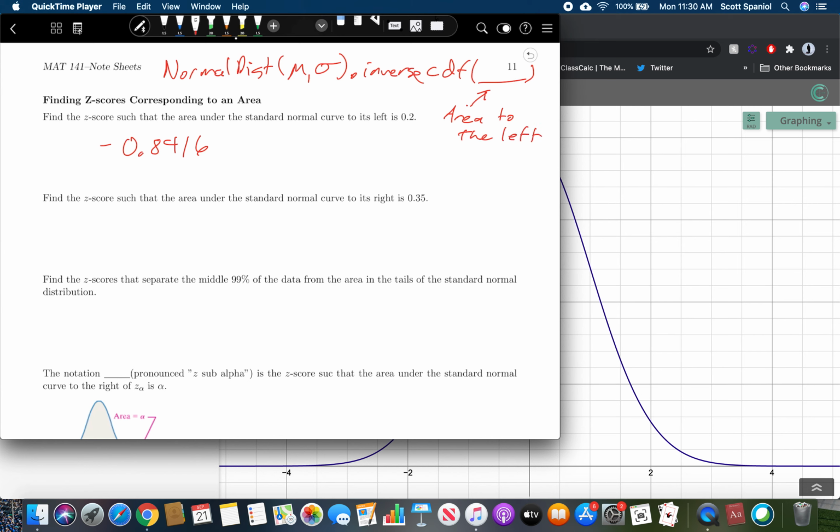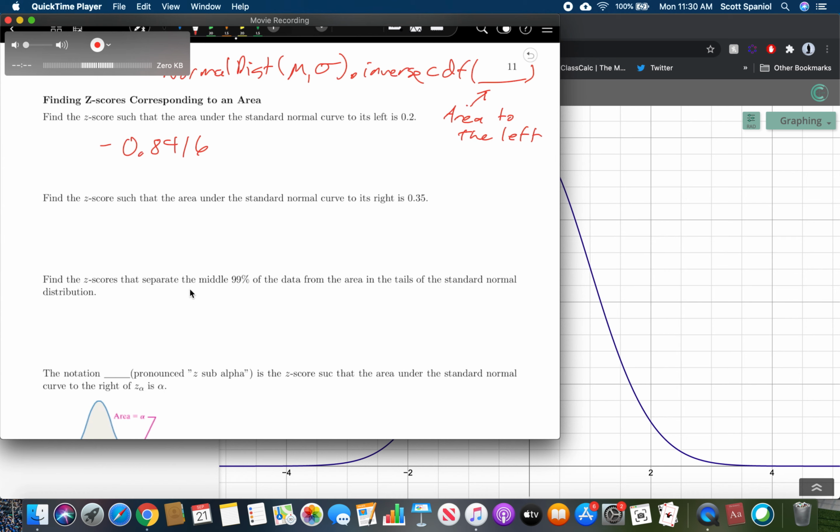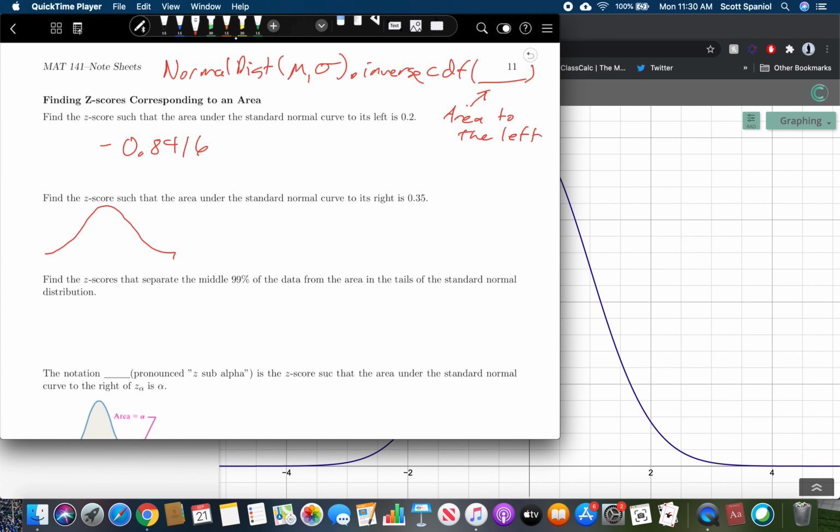Okay? So if I want to do any other area, such as area to the right, well, let's draw a curve here for this one. So I want area to the right over here, which is 0.35. Well, how much area is there to the left? Well, we know 1 is the total area, so the area over here would be 1 minus 0.35.